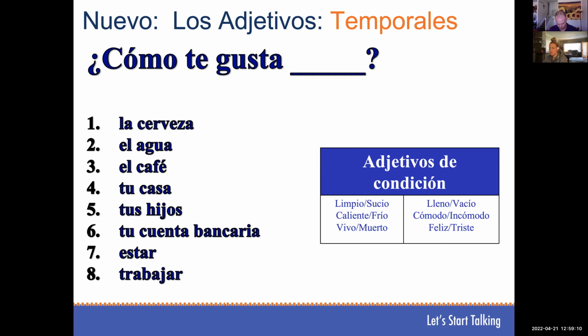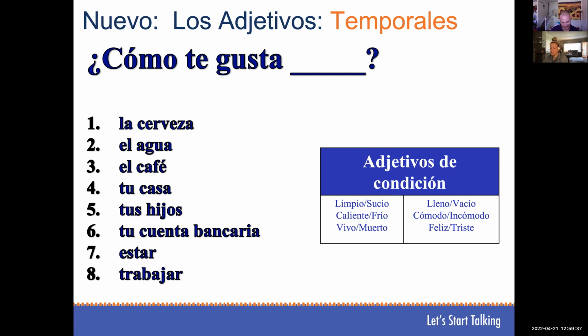Me gusta mi casa cómodo. Cómoda. Cómoda, muy bien. Me gusta mis hijos. No hijos. Okay, so here you could say no tengo hijos.